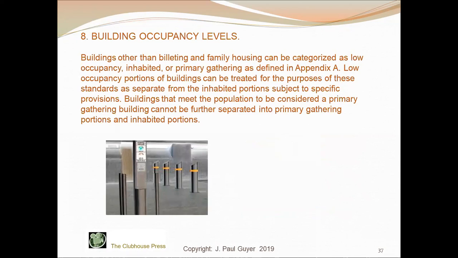Low occupancy portions of buildings can be treated for the purposes of these standards as separate from the inhabited portions, subject to specific provision. Buildings that meet the population to be considered a primary gathering building cannot be further separated into primary gathering portions and inhabited portions.